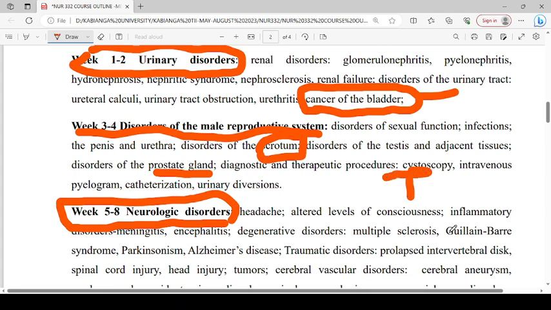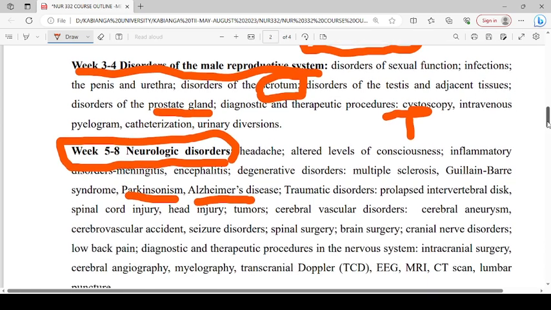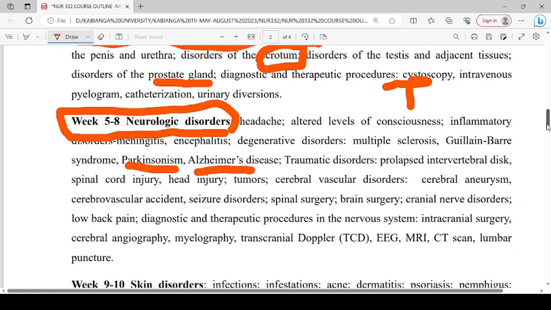Apart from those two, we also have Parkinsonism, Alzheimer's disease, and traumatic disorders: prolapsed intervertebral disc, spinal cord injuries, head injury, tumors, cerebrovascular disorders, cerebral aneurysm, cerebrovascular accident, the stroke, guys.